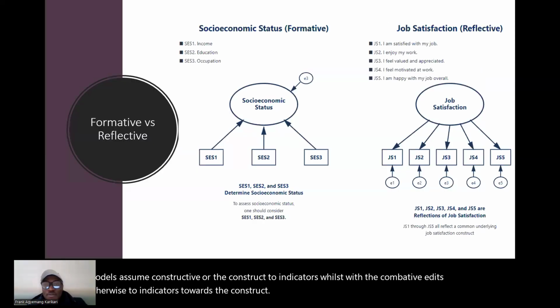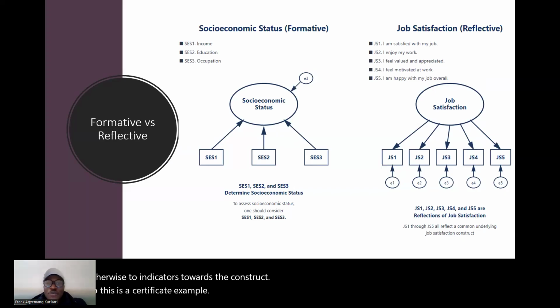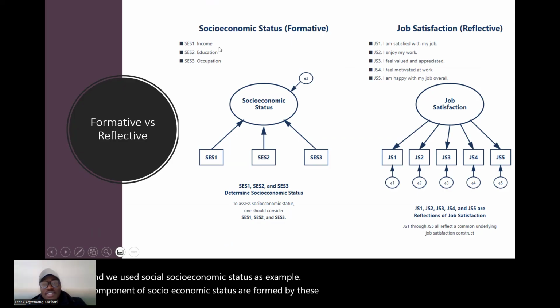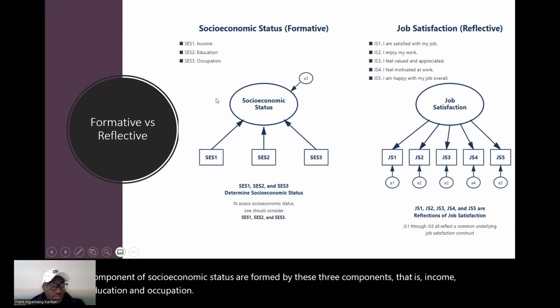So this is a typical example. And we used socio-economic status as example. The core components of socioeconomic status are formed by these three components. That is income, education, and occupation. All right.